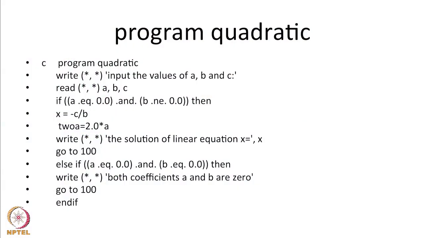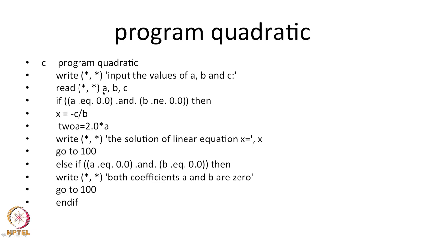Now, in our quadratic equation we have to satisfy many conditions to solve the problem. For example, you look at this program, we started looking at it last time. We input the values of a, b and c, that is the first part of a quadratic equation, that is your quadratic equation is ax square plus bx plus c is equal to 0.